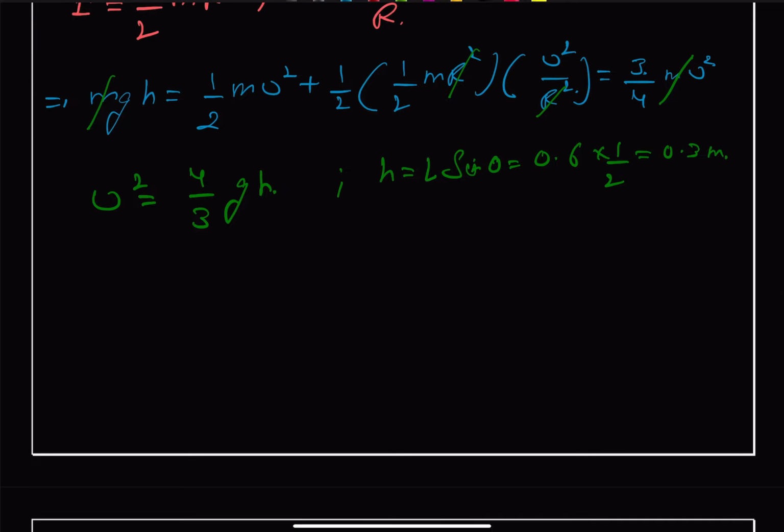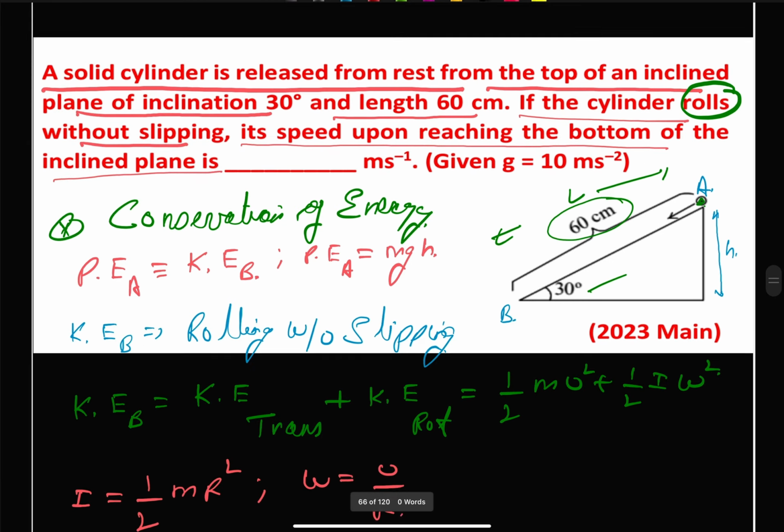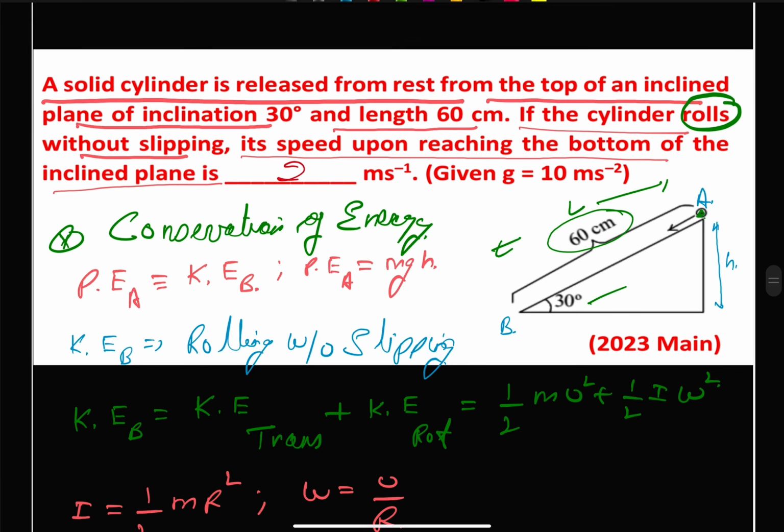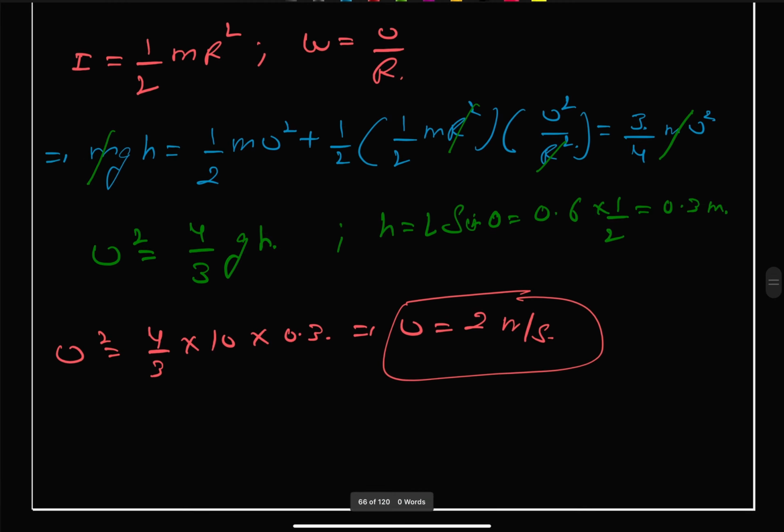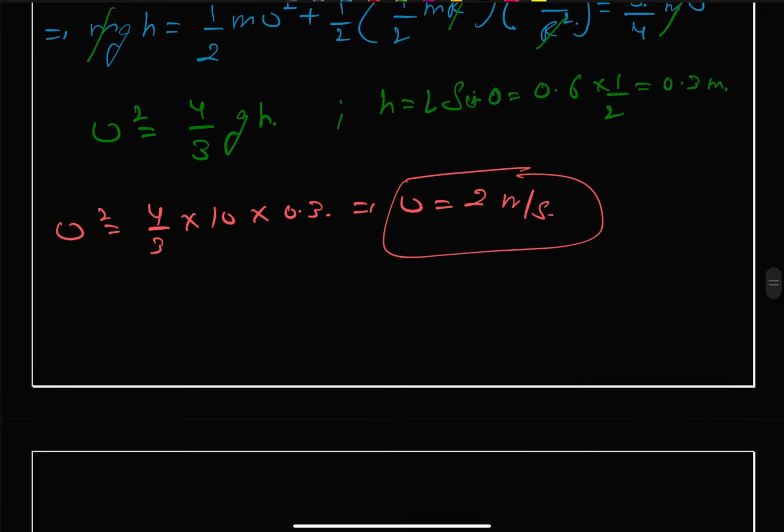So we get that our v square will be equal to 4 by 3, g is 10, and h is 0.3. So this gives us that v is equal to 2 meter per second. Next question.